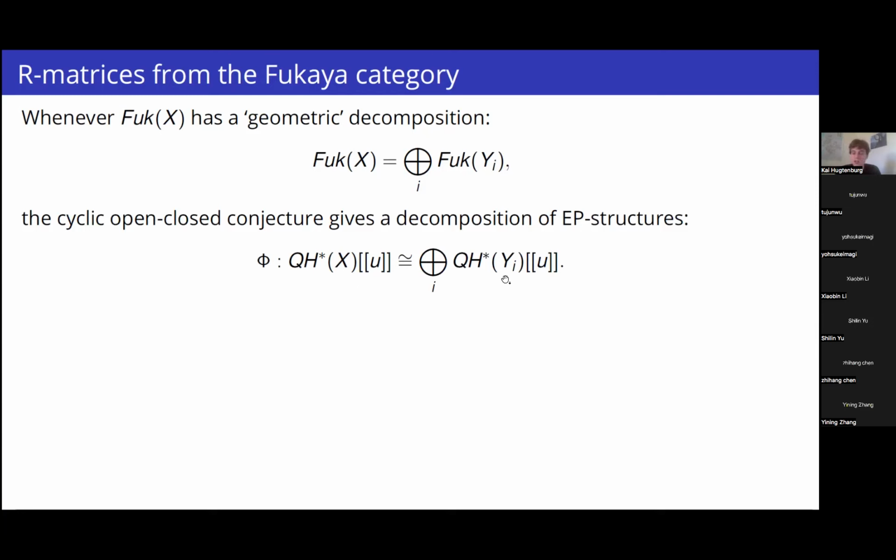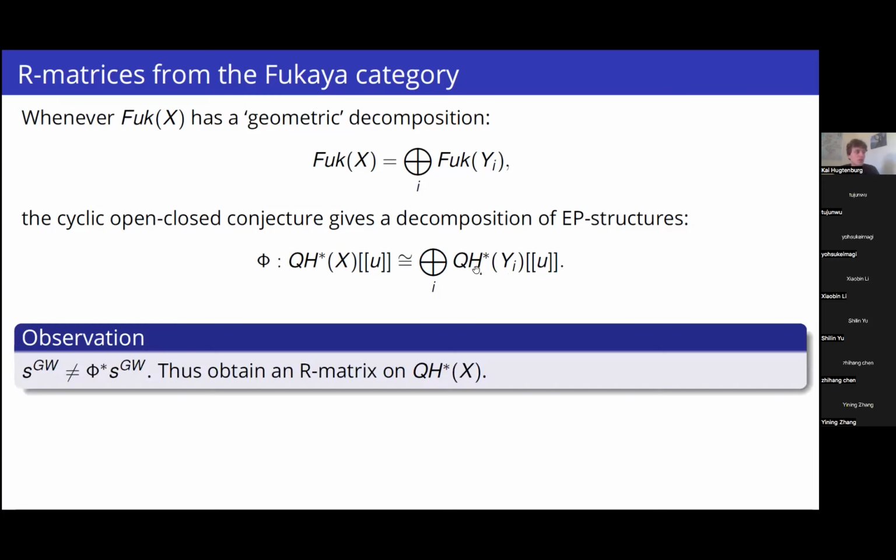And on the right-hand side, we also have canonical splittings. One observation that you can make is that this isomorphism phi doesn't respect these splittings in general. So the Gromov-Witten splitting on the left doesn't agree with the pullback of the Gromov-Witten splittings on the right-hand side. So by pulling back these splittings, we obtain an R matrix on the quantum cohomology of X. And why is this interesting?